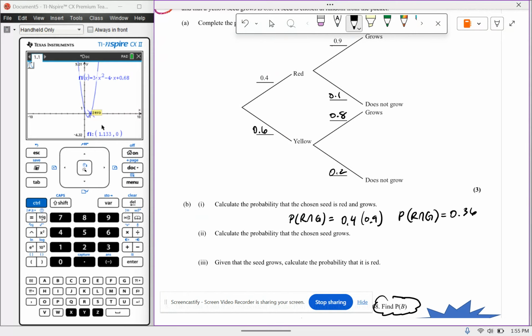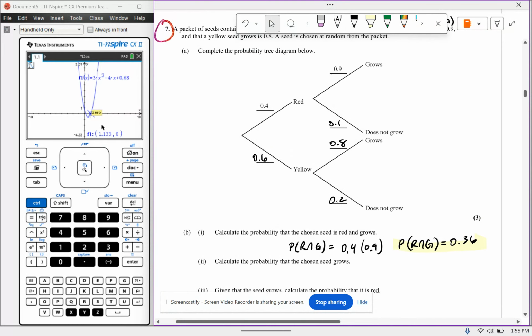Next, calculate the probability that the chosen seed grows, in general. So the chosen seed means it could be yellow or red. We're basically just looking for all the branches that terminate in a grow, right?